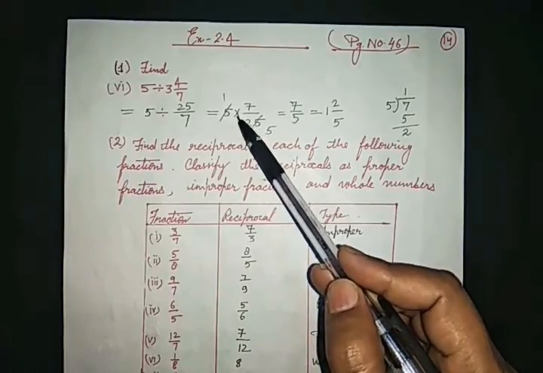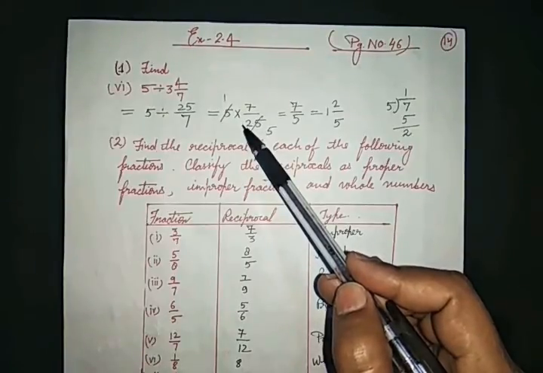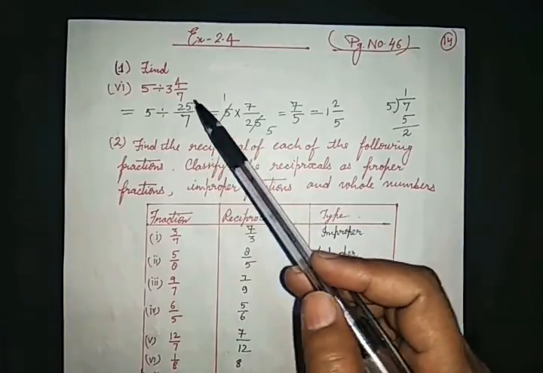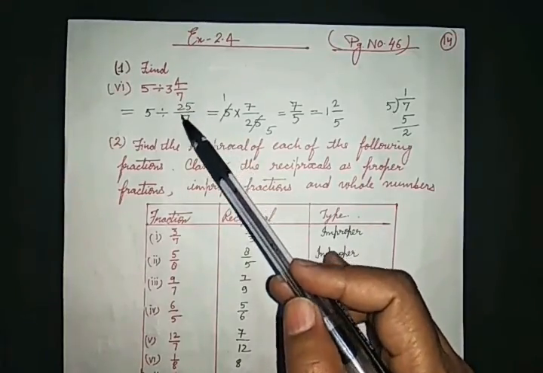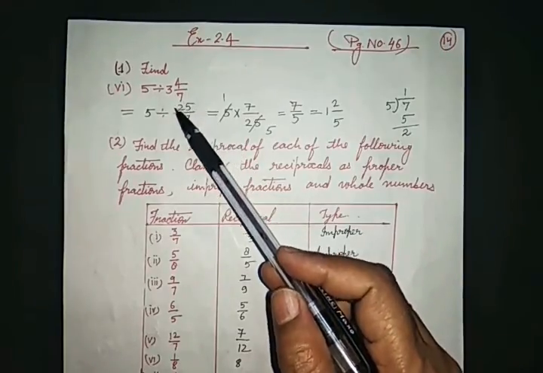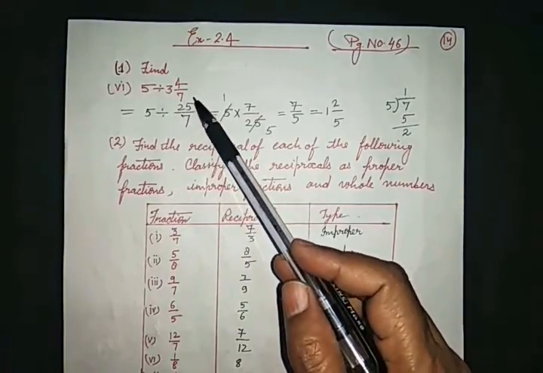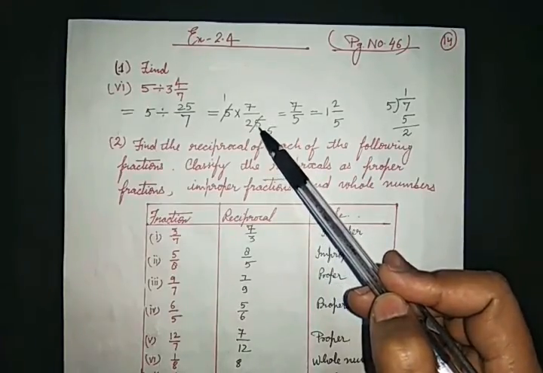But one more change we have to do with this. We will write the reciprocal of this number, 25 upon 7. The reciprocal of 25 upon 7 is 7 upon 25.